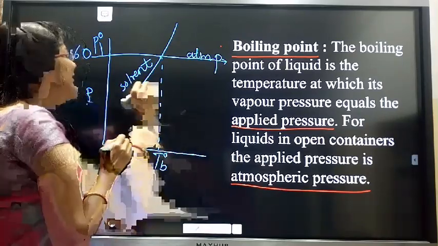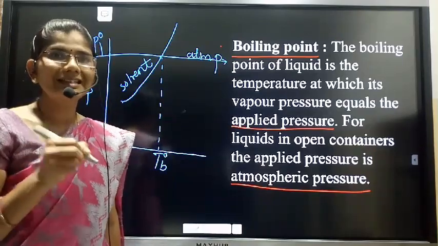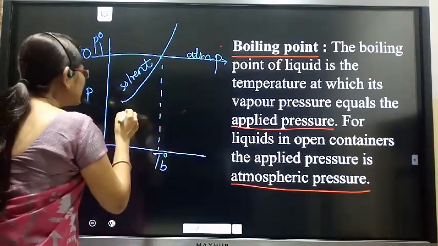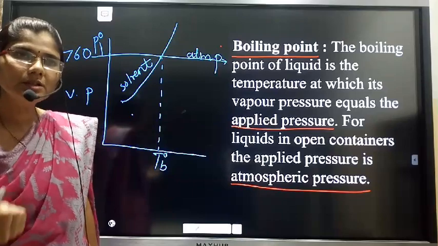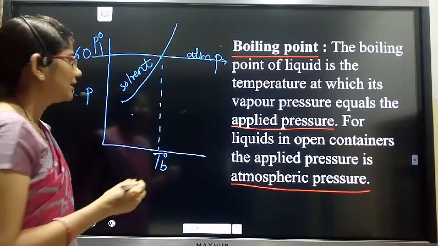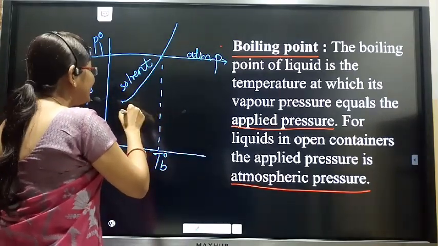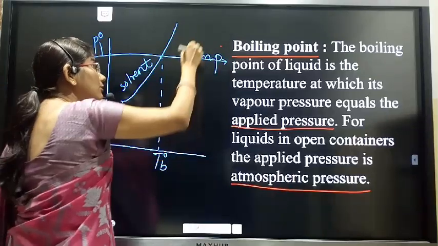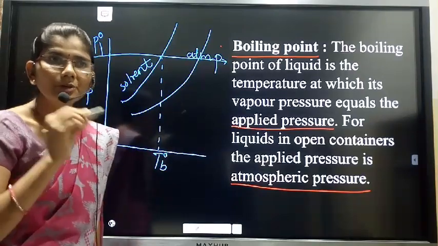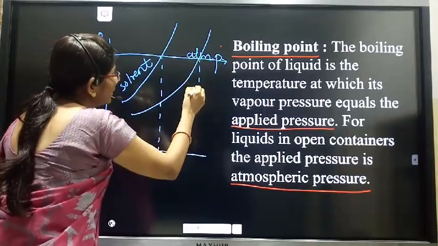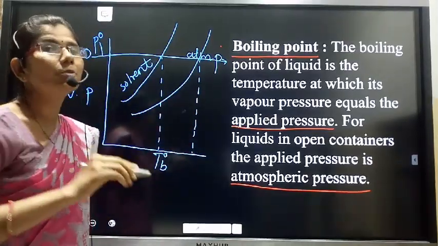As we know, the vapor pressure of a solution is always lower than that of the pure solvent, and therefore the curve for the solution always lies below that of the pure solvent. Suppose this is the point for the solution, and when its vapor pressure becomes equal to atmospheric pressure, this is the temperature at which the solution starts boiling.